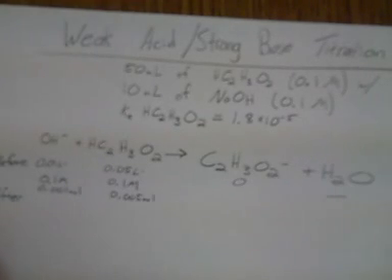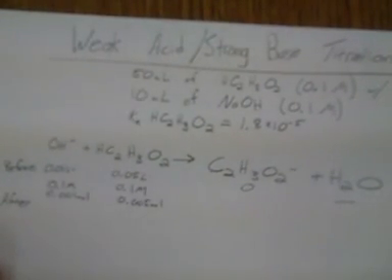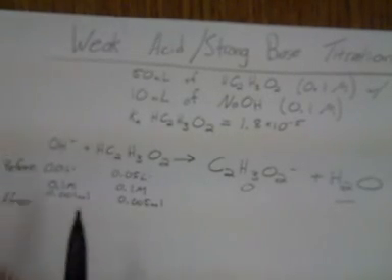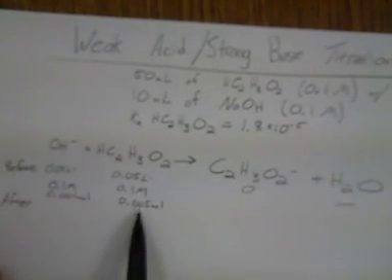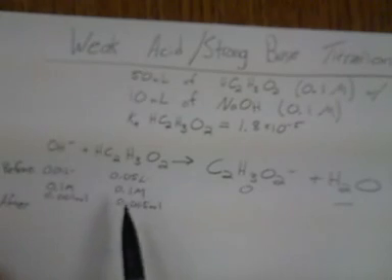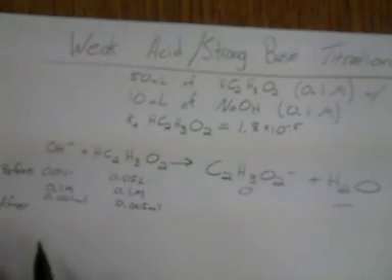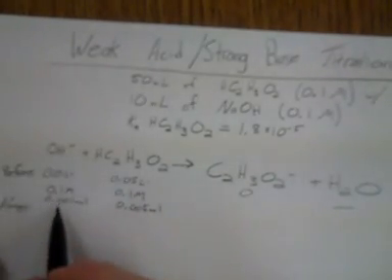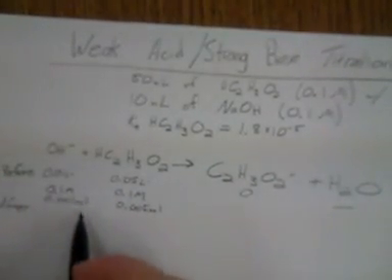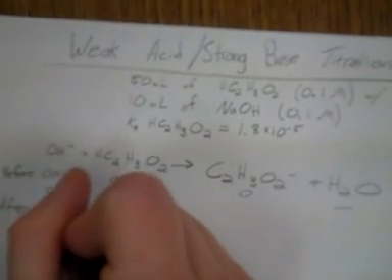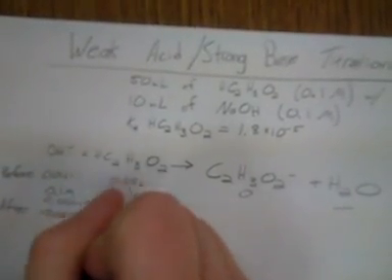And then what we're going to do here is kind of a limiting reactant problem, only a lot simpler than a huge problem. You're going to take whichever one's smaller, subtract it from everything on the left side of the equation, and add it to everything on the right side of the equation. So we have 0.001 moles. We're going to subtract 0.001 moles.